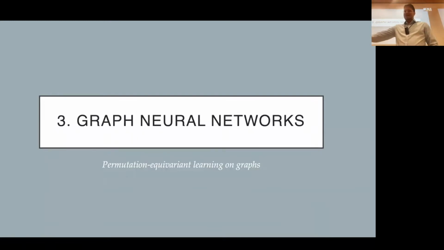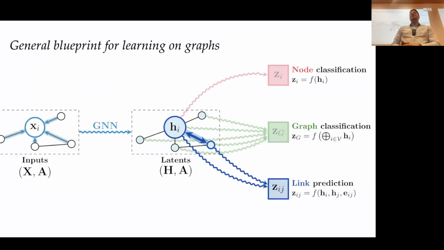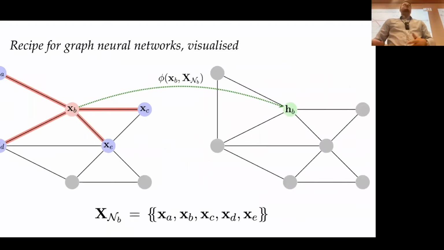So we left off the previous tutorial having just derived the necessary conditions for a permutation equivariant model on graphs. And I've told you that to build this model, what we would probably really like is a local function that looks at a node and its immediate neighborhood. So just to recap, to show you the picture once again, we want some function phi that will meaningfully look at a node, its immediate neighbors, and update the feature representation, right?